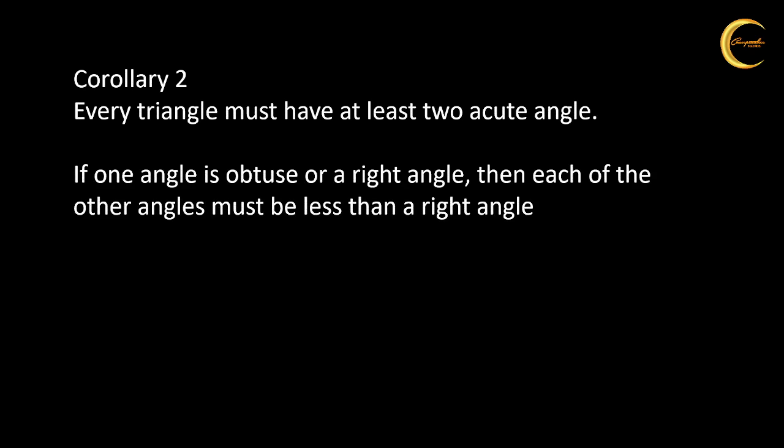Corollary 2 says every triangle must have at least two acute angles.